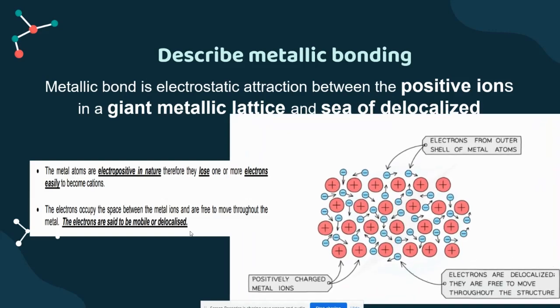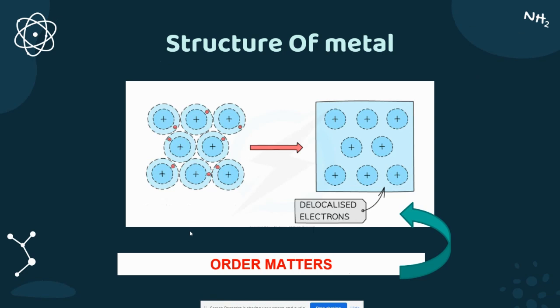In this diagram, it might be clear that you can see there are positive ions, there is a sea of delocalized electrons, and this seems to be a regular pattern, regularly arranged. In further detail, look at the structure of metal. If the question asks you to draw the structure of a metal, this is what the examiner expects you to draw.